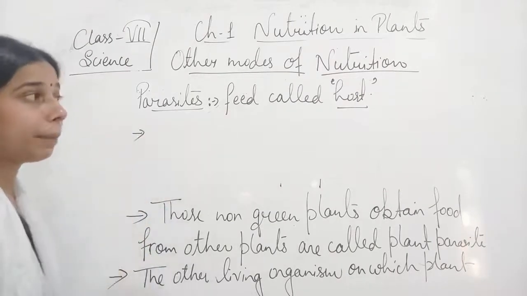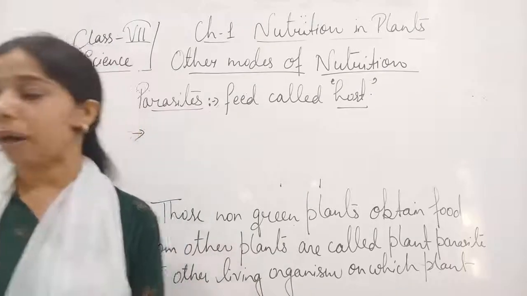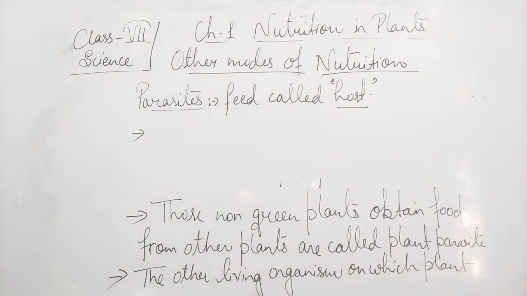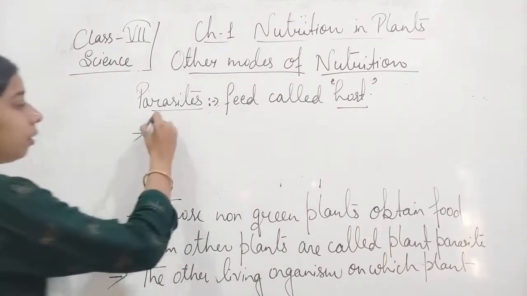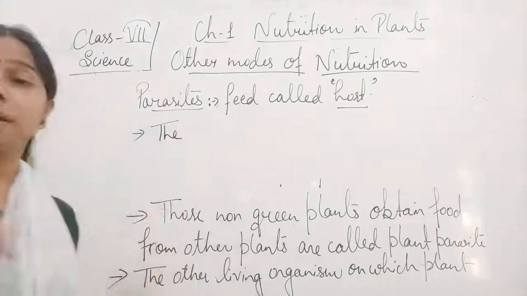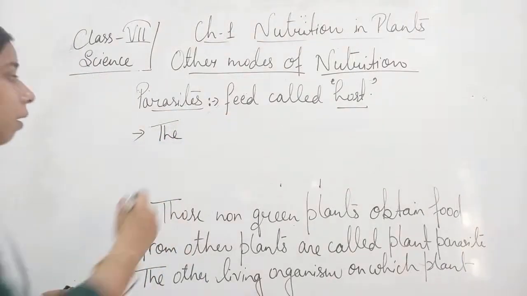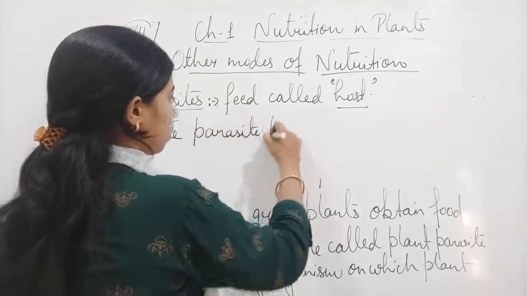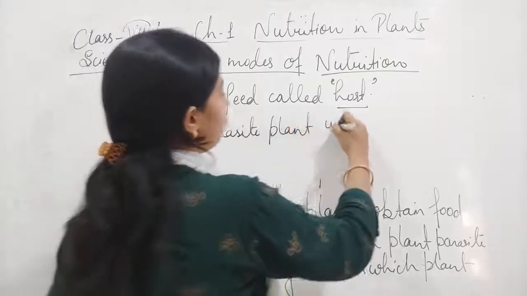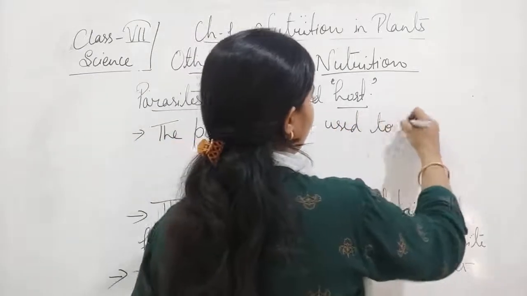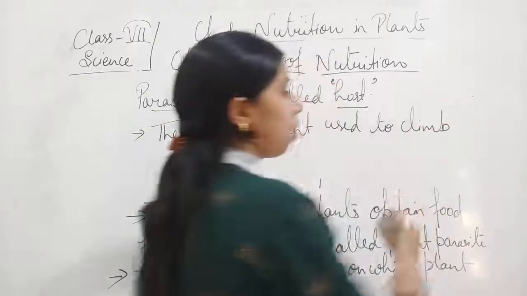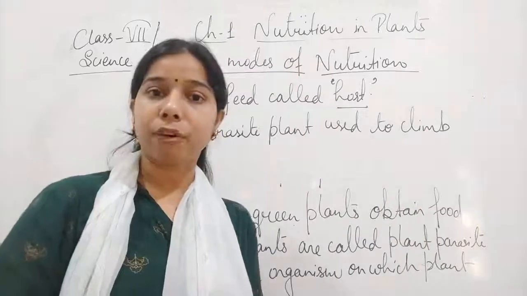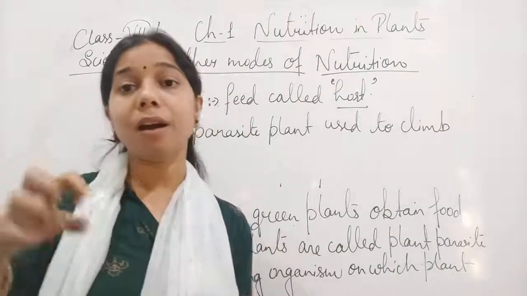Now here what happened in case of a plant parasite, there is one thing, and that is the parasite plant used to climb on the other plant from where it has to obtain the food.